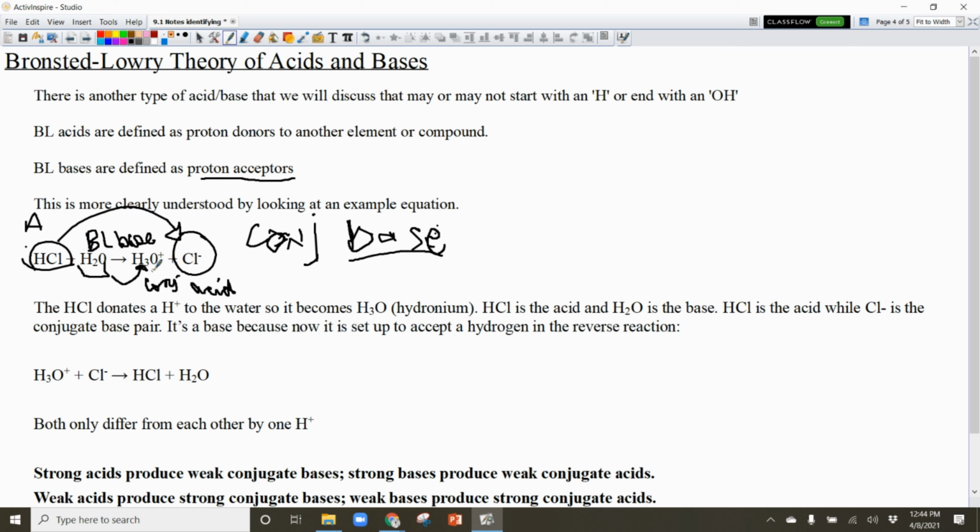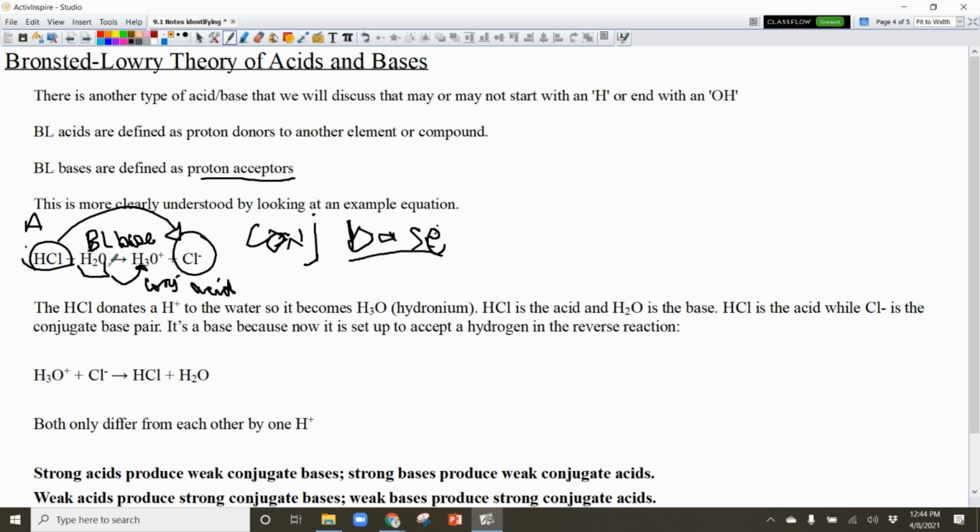Okay? So acid, conjugate base, base, conjugate acid. All right? And so below it says the HCl donates its hydrogen to the water and it becomes what's called hydronium. So H3O is hydronium. Okay? And HCl is the acid and the H2O is the base.